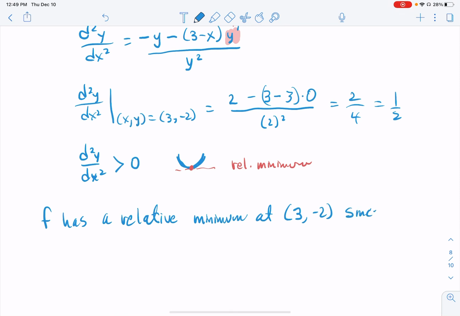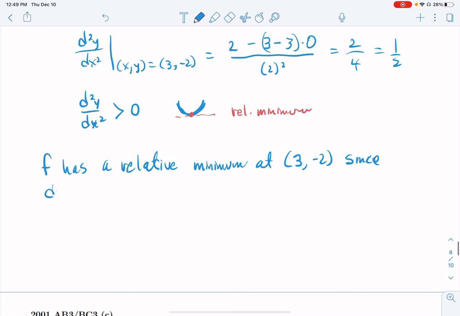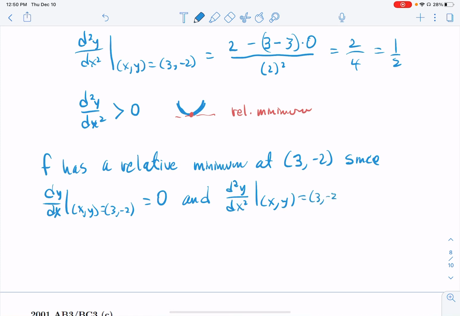Since dy/dx such that (x, y) is equal to (3, -2) is equal to 0, and d2y/dx2 such that the same thing is true, (x, y) equals (3, -2), is greater than 0.